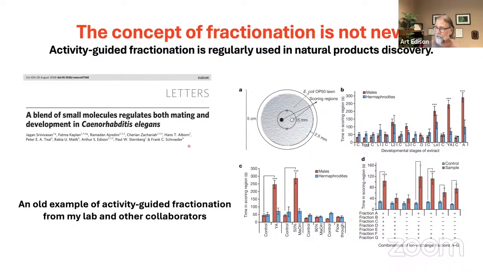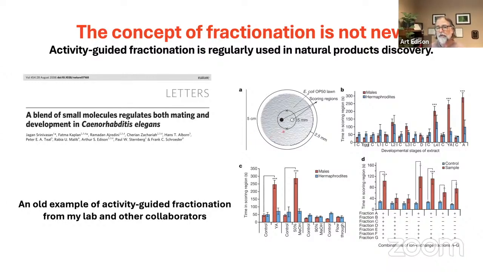We did this with Paul Sternberg and Frank Schroeder's lab when my lab was at the University of Florida. So the general idea, I'm walking you through this just to show what activity-guided fractionation is and to give you a sense about how you can use this in your metabolomics applications.